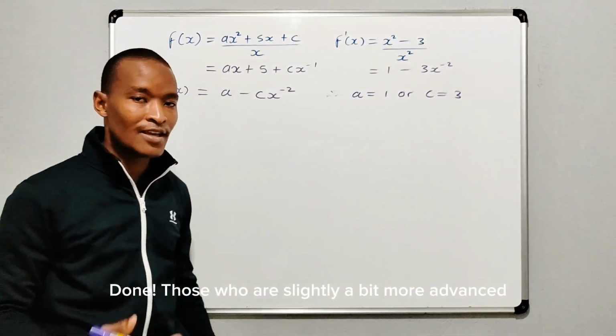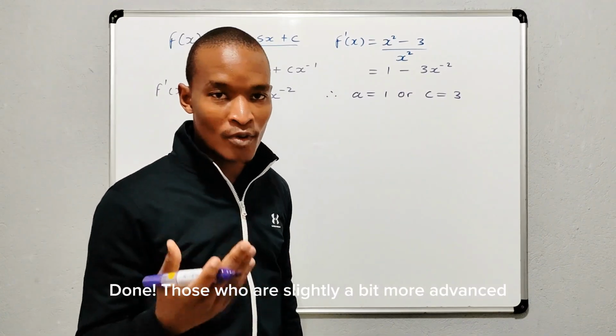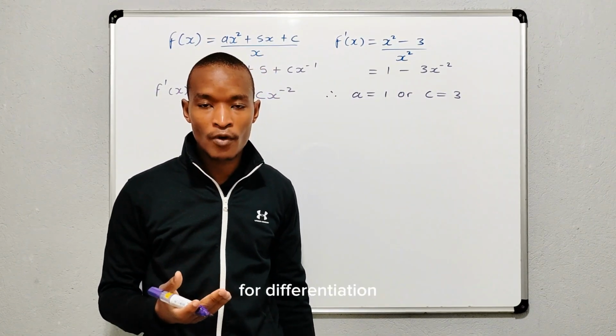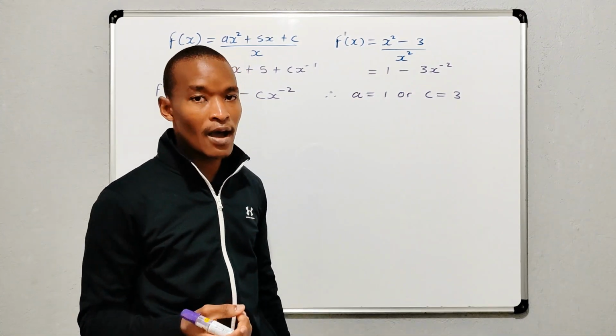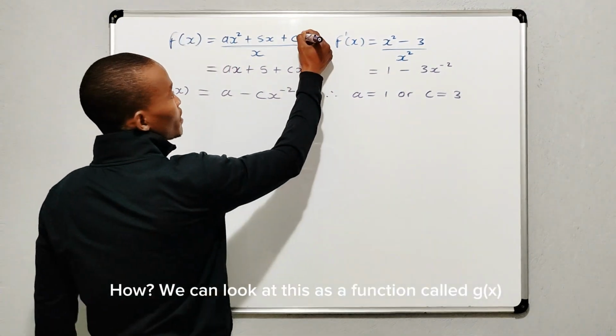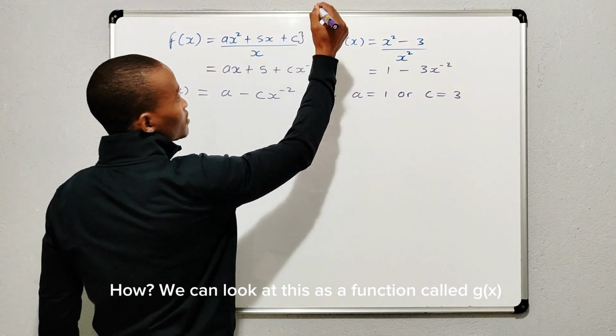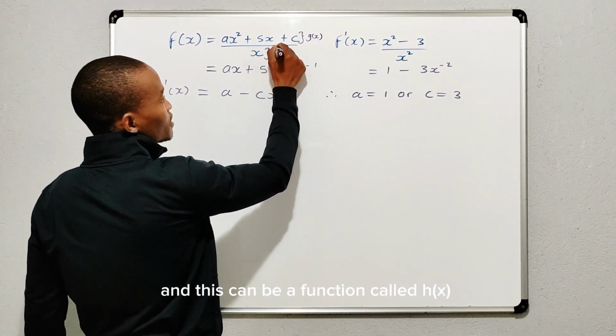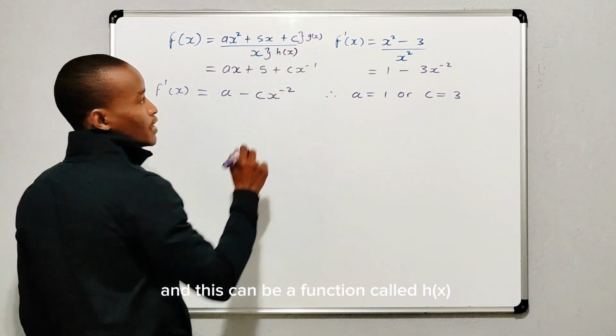Done. Those who are slightly more advanced can use what is called the quotient rule for differentiation. How? We can look at the numerator as a function called g of x, and the denominator as a function called h of x.